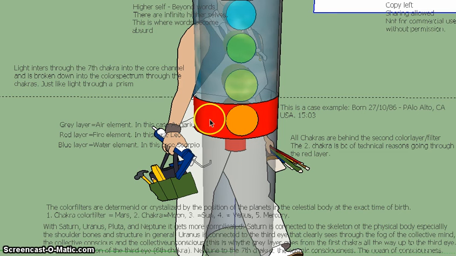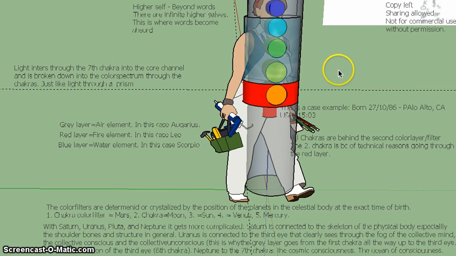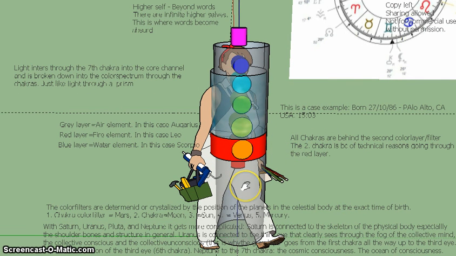But for technical reasons, the second chakra looks out. So the third color here is blue, and it's like a filter in front of the chakras. The first chakra is connected to the sixth chakra here.